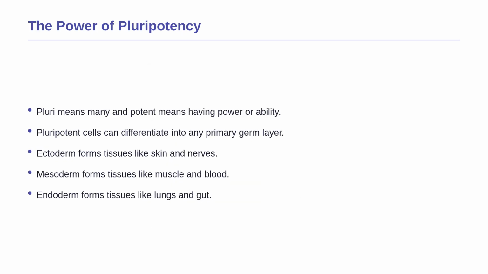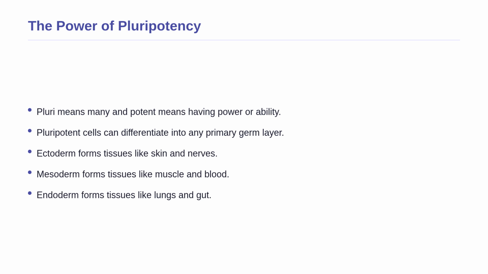Having seen where they come from, we must understand their defining characteristic: pluripotency. The word pluripotent is the most crucial part of their definition. Pluri means many, and potent means having the power or ability.